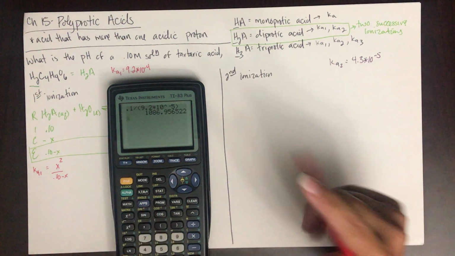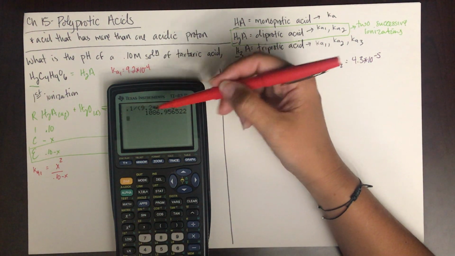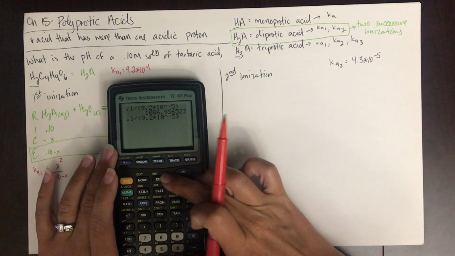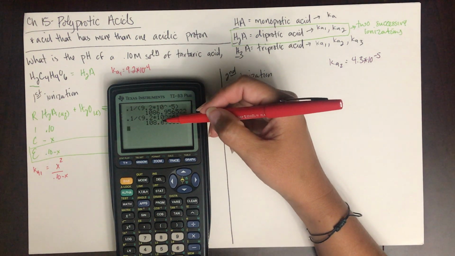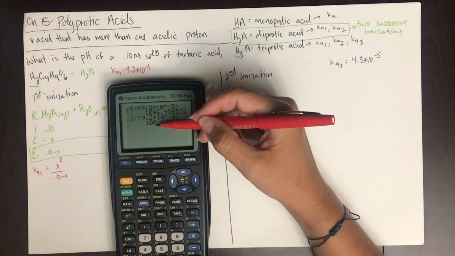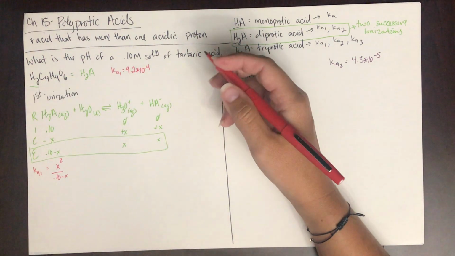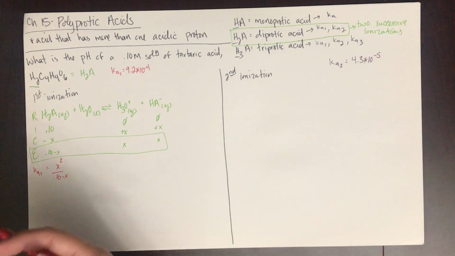I took the initial concentration, 0.1, divided by the Ka1, 9.2 times 10 to the negative 4th, and it is 108.69 whatever. This number is less than 500, which means we cannot use the simplifying assumption. It means that x is not negligible, so we do have to use the quadratic formula.